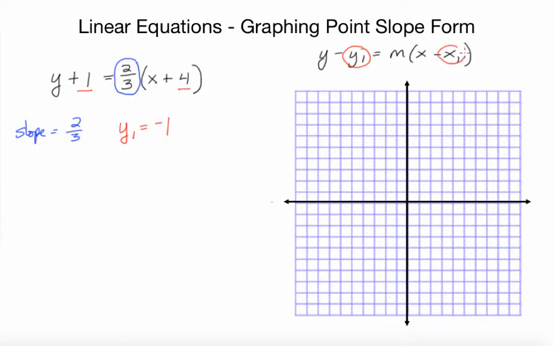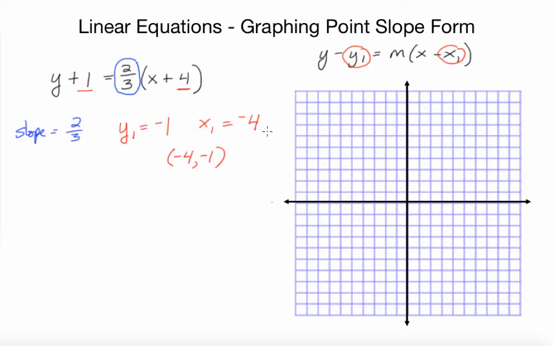For my x1 value here, we can see that we've got plus 4, which means that my x value is not just 4, but it changed the sign, so it's actually -4. So the point is going to go through -4, -1.